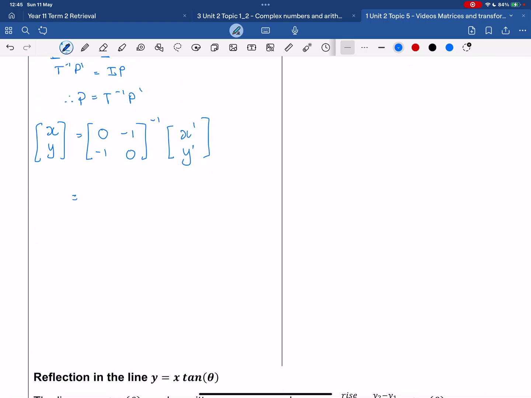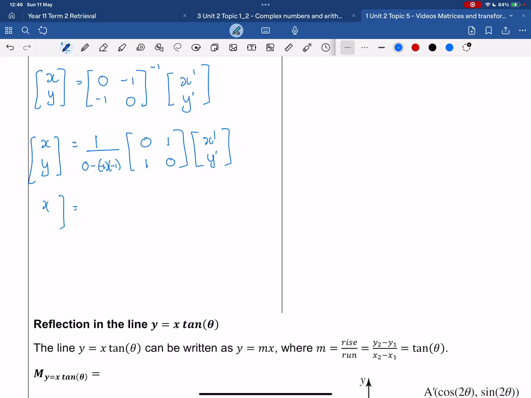And we know how to find an inverse. Now you can do this all in one, or you could do it to one side, but we know that the inverse of T is 1 over the determinant, so AD minus BC, so it's going to be 0 minus -1 times -1, and then we're going to swap our A and our D and the signs of our B and C. So (x, y) is going to be 1 over -1.